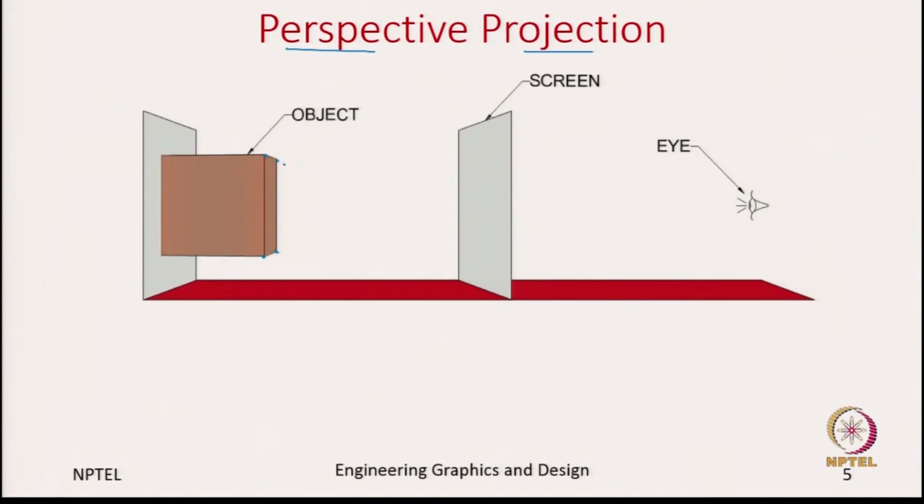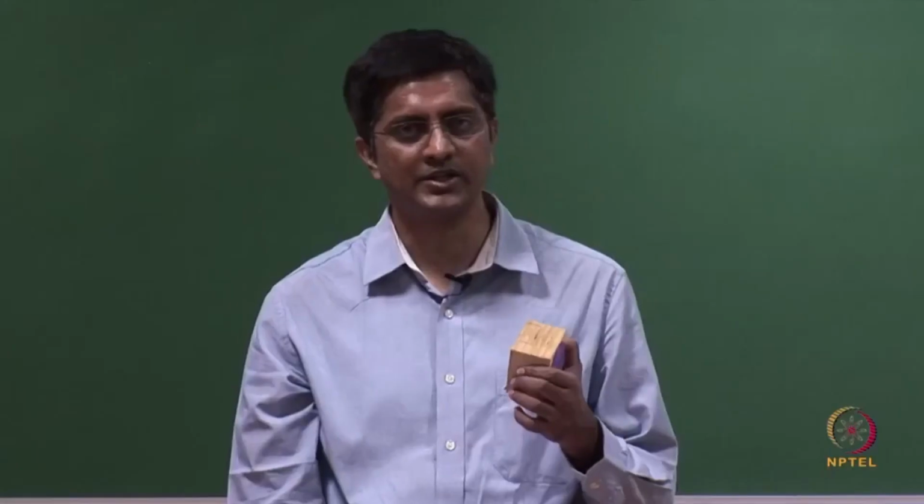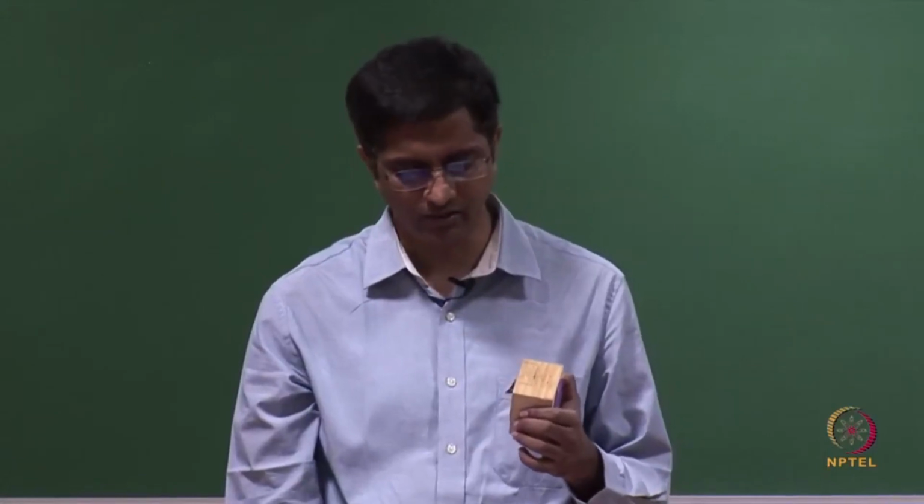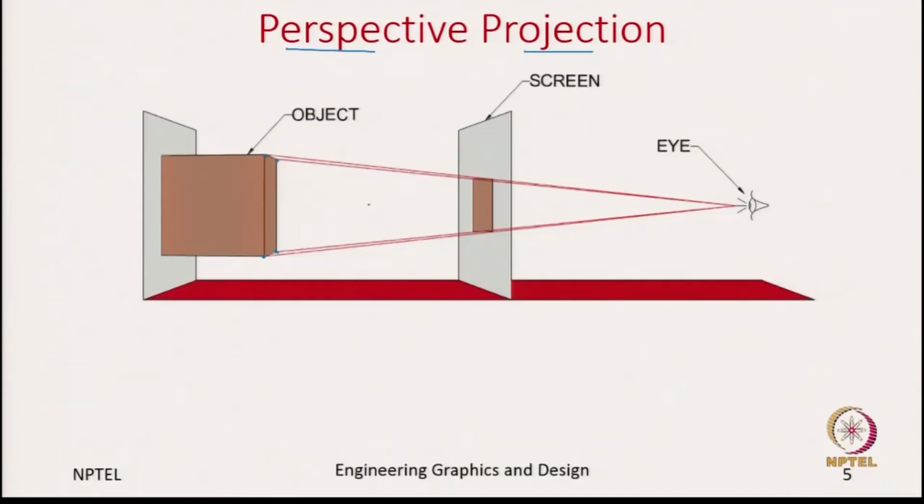Once you draw the projectors, they will intersect with the projection plane. So, these are the 4 projectors from the 4 corners of the front face of this cube, and these 4 projectors will make 4 intersection points on the projection plane, and once you join them, this is the view you get of the front face of this cube.